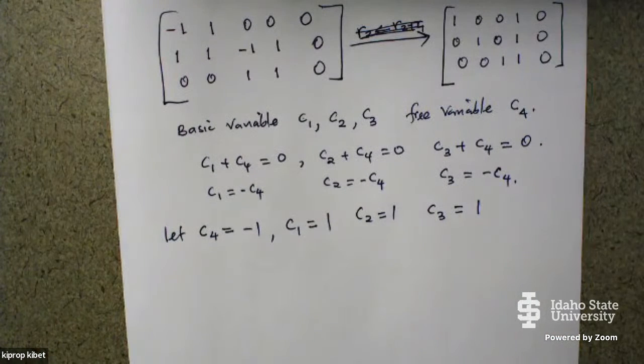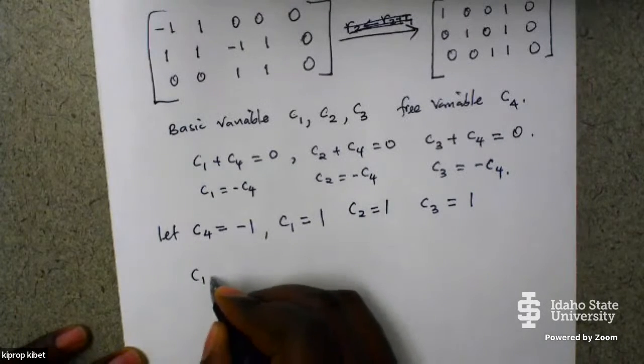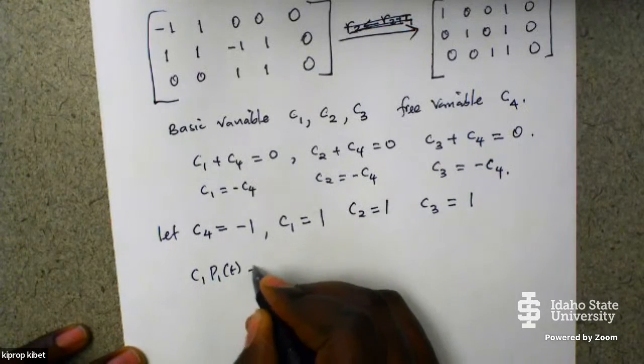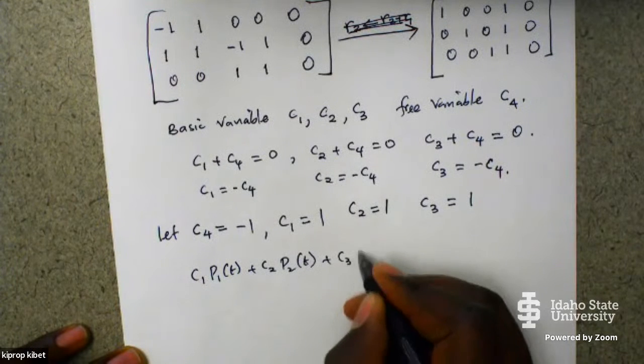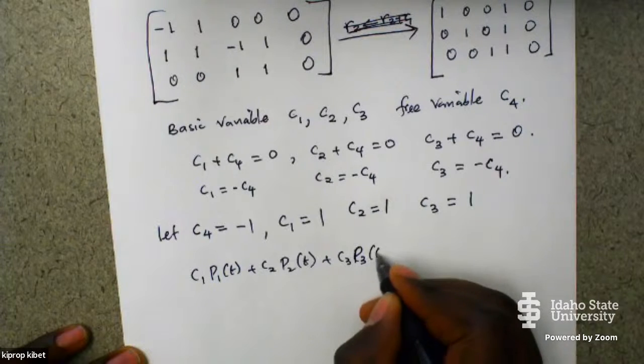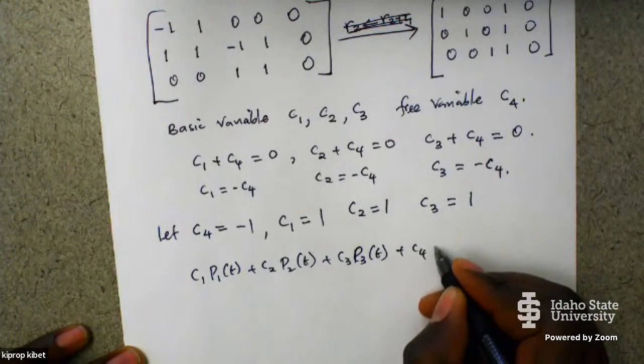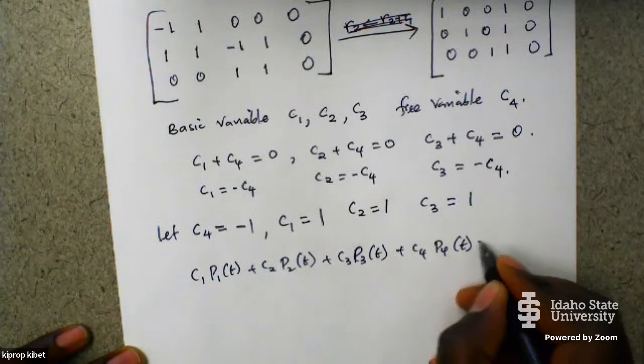So finally, our linear relation will be C1 P1 of T plus C2 P2 of T plus C3 P3 of T plus C4 P4 of T equals 0.